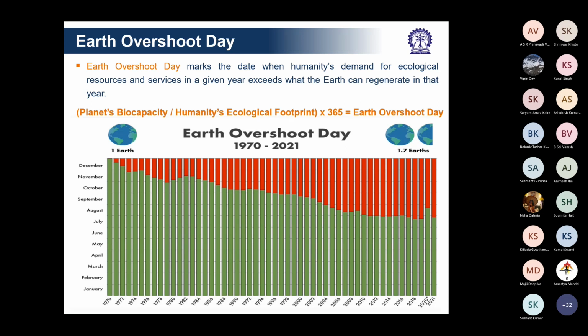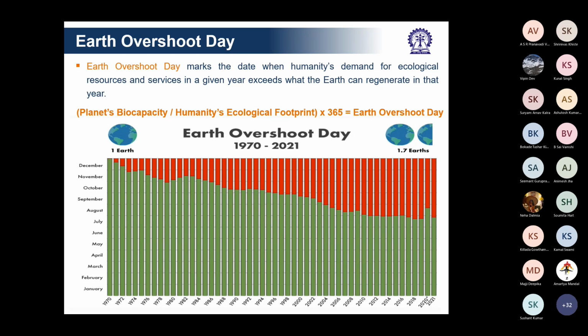So it is basically the supply, while the footprint is humanity's demand for that year. So we divide the supply by the demand and then multiply it by the number of days in a year to calculate the Earth Overshoot Day.